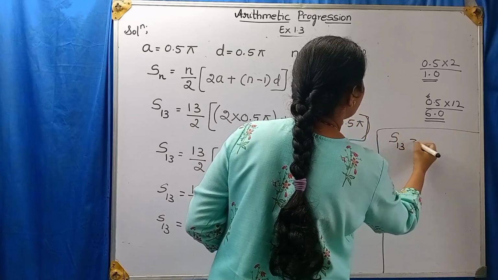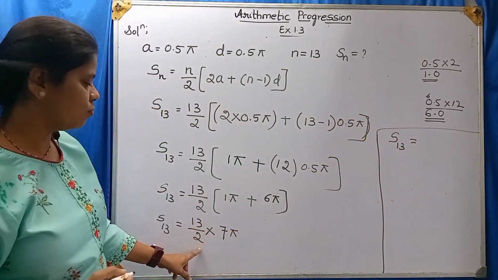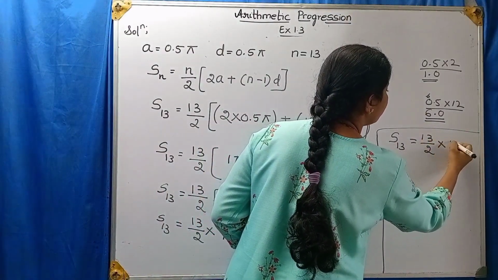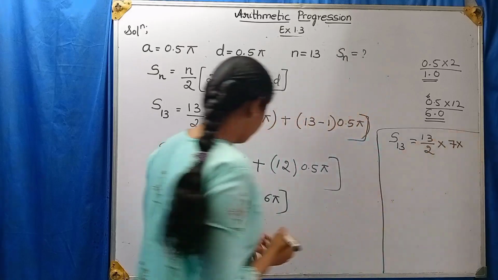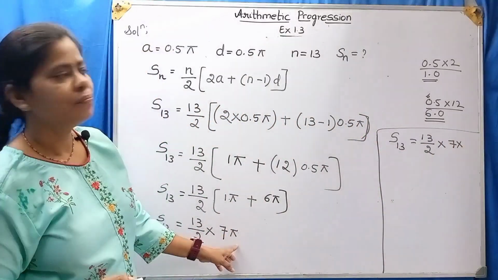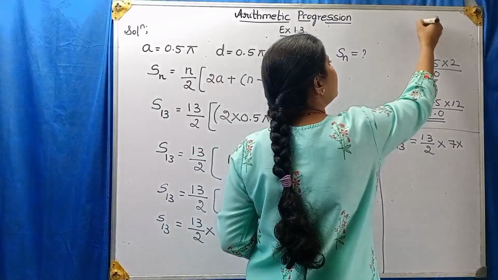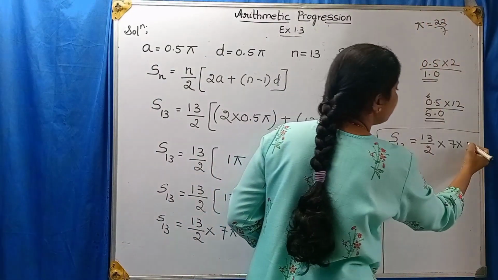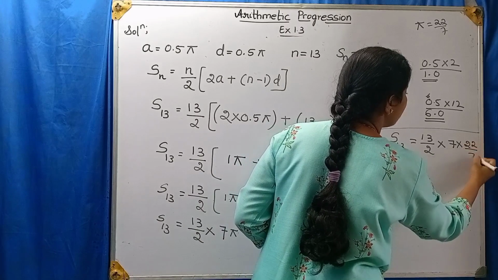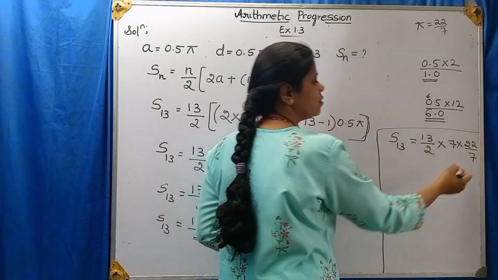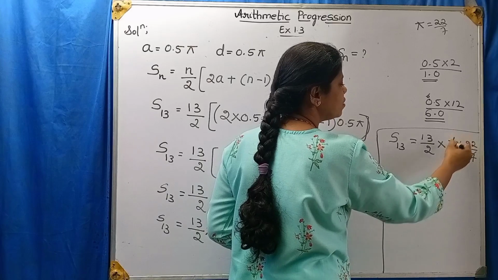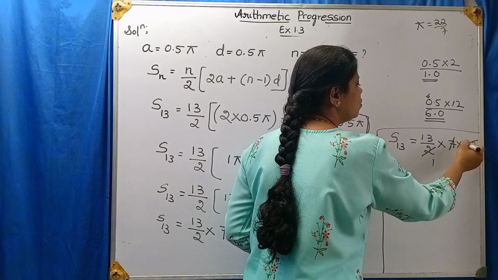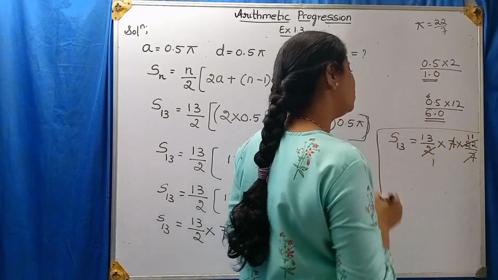S13 is equal to 13 by 2 into 7 into, what is the value of pi? The value of pi is 22 by 7, right? Therefore, let me write 22 by 7. Now look at this. 7 1s are 7, 7 1s are 7, cancels. 2 1s are 2, 2 11s are 22.